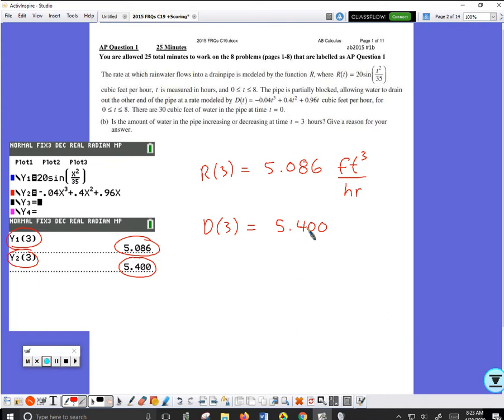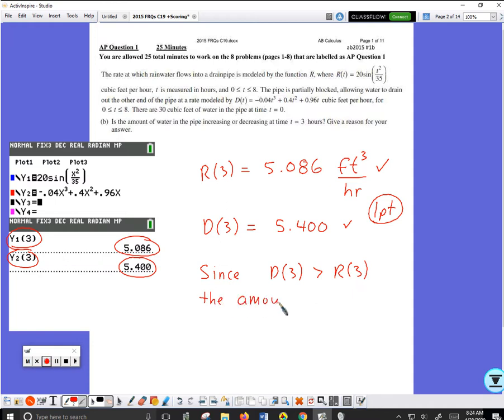So if you have these two numbers on your paper, they're going to give you 1 point because they realize you knew you had to find those. Then if you have on your paper this phrase, since d of 3 is greater than r of 3, the amount of water in the pipe is decreasing.